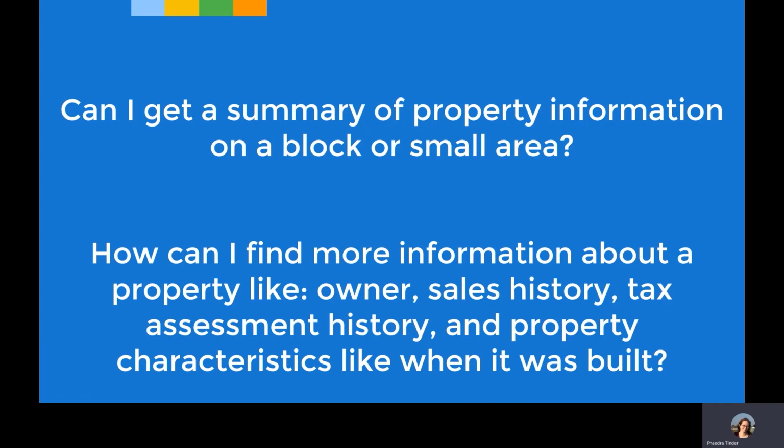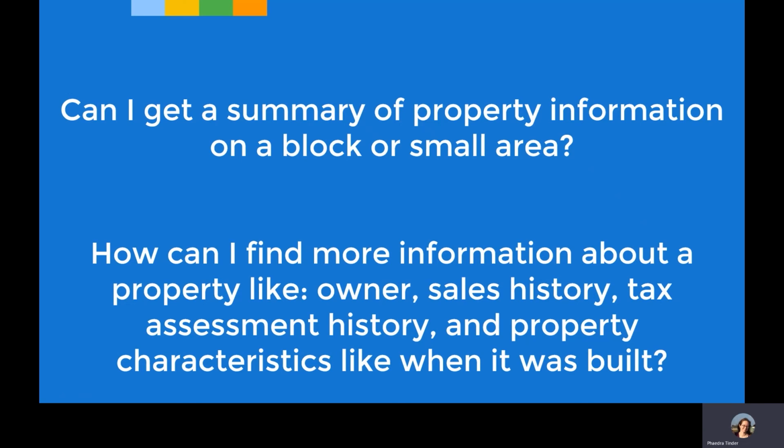All right. Now let's say you're not just interested in vacancy, and you're also not just interested in what's going on at one specific location. You want to get a summary of what's going on on a whole block or a smaller area.